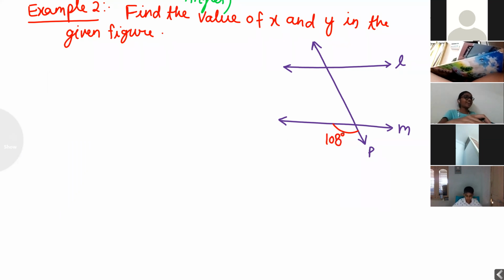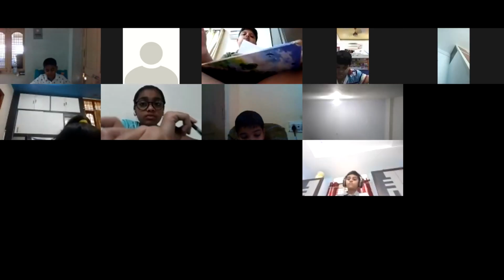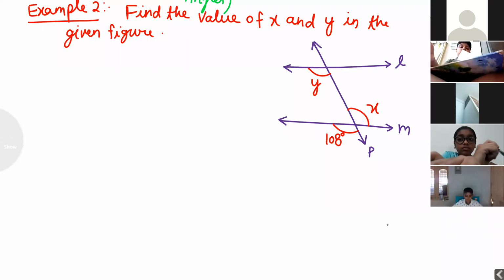108 degree, x, y. In the second question, we are observing here, x is opposite to 108. The value of x is 108. Why? Vertically opposite angle.